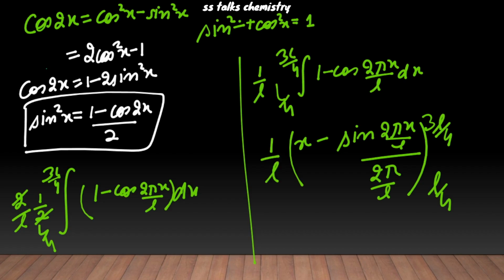Here 1 by L was there. So it will be 1 by L into 3L by 4 minus L by 4, minus this L upon 2 pi.